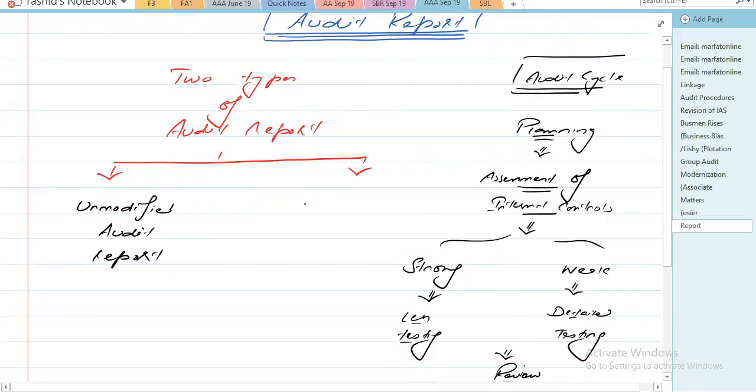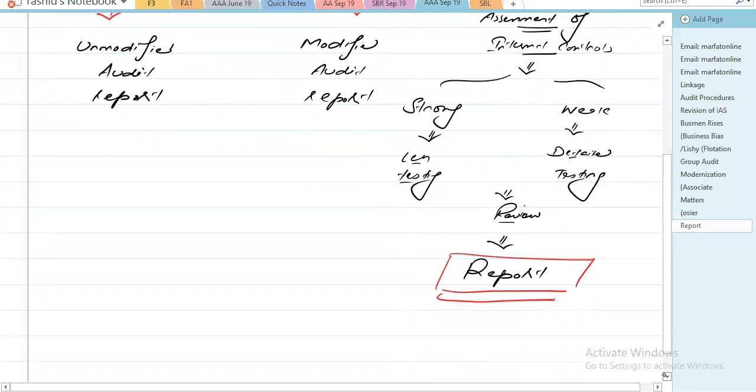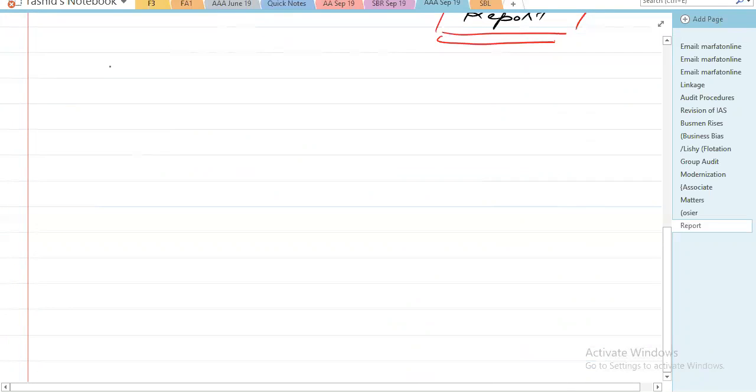And number two is the modified audit report. So unmodified audit report and the modified audit report. So now we are going to discuss, first of all, the unmodified.